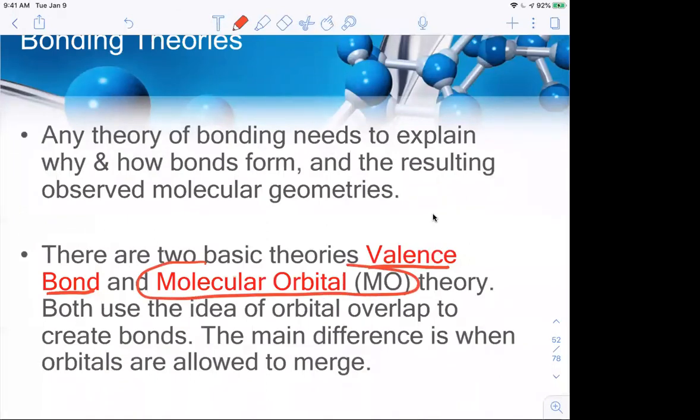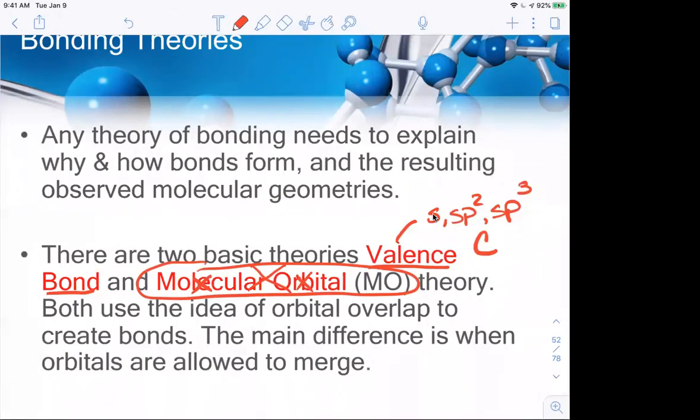This is pretty advanced, and in Chem 201, we do not worry about that. In valence bond, we worry about s, sp2, and sp3, because these are the hybridization schemes for carbon. Both of these use the idea of orbital overlap. This is a much more complicated treatment, so we don't have to worry about that.